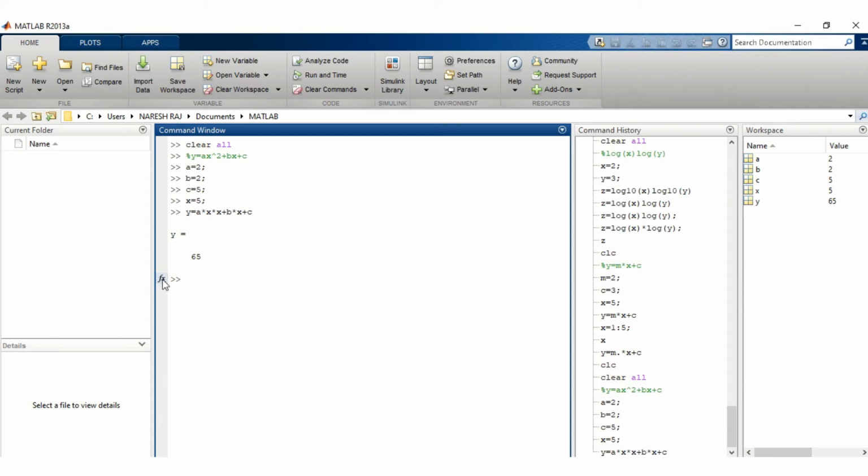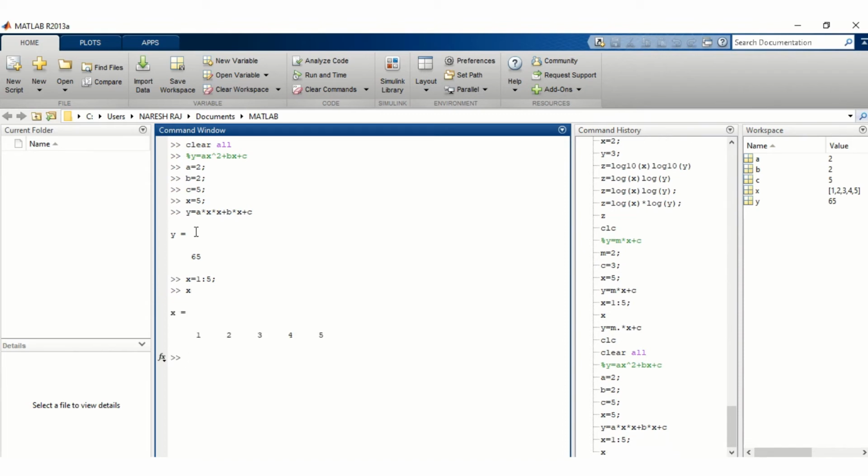If we have more than one element in x, then we will solve this equation with the help of dot product. See, first we assign a value to x, equal to 1 2 3 4 5.